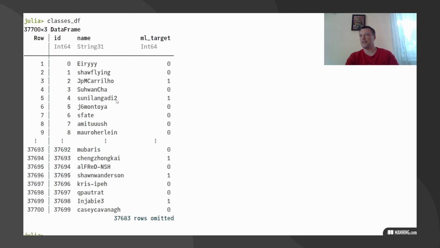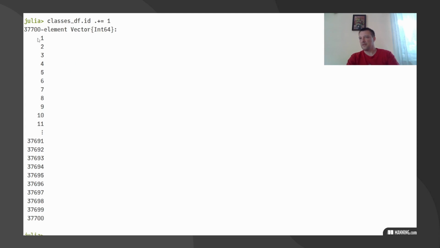In the same way, we need to increase the classesdf, but only the ID column. So how can we increase the elements of the ID column by 1? Well, we do exactly the same, but just extracting the ID column from classesdf by using .id. So we get the ID property. This operation does not copy data, so it's again an in place operation, and we increase the ID column by 1.